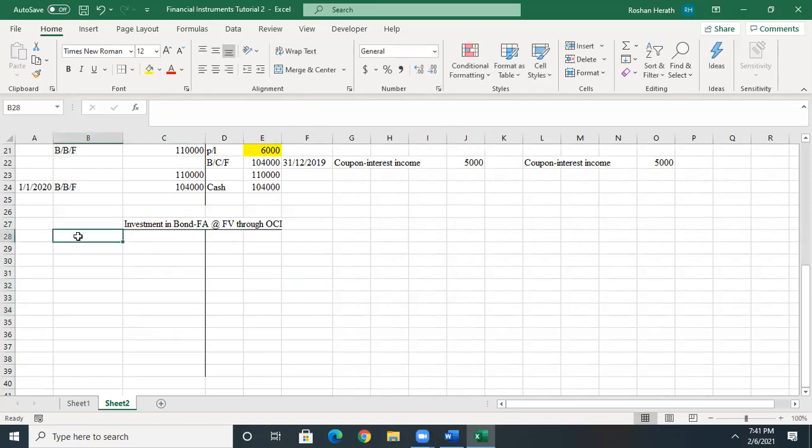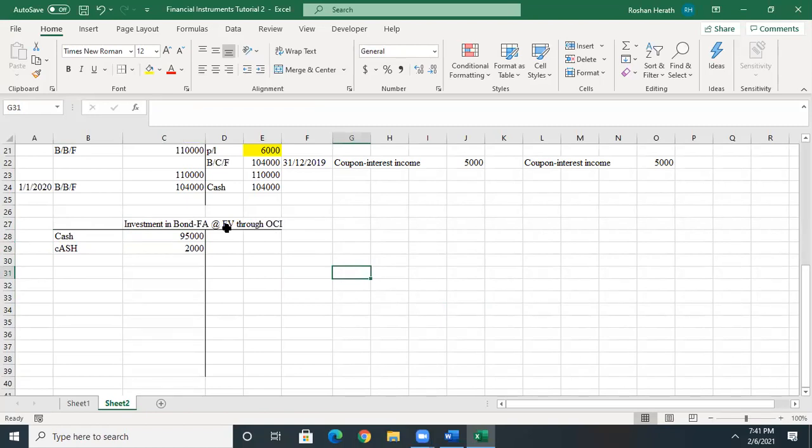So starting from the investment, you take the investment cash, you invest 95,000. Transaction cost is there. Transaction cost, so you need to capitalize it. It's a financial asset at fair value through other comprehensive income. Okay, 2,000. So when it comes to this hybrid nature, I told you that the accounting must reflect both.